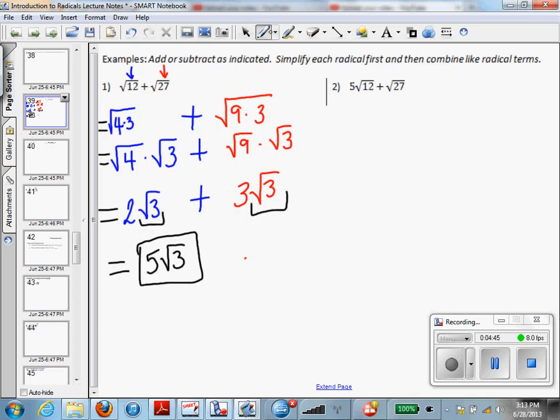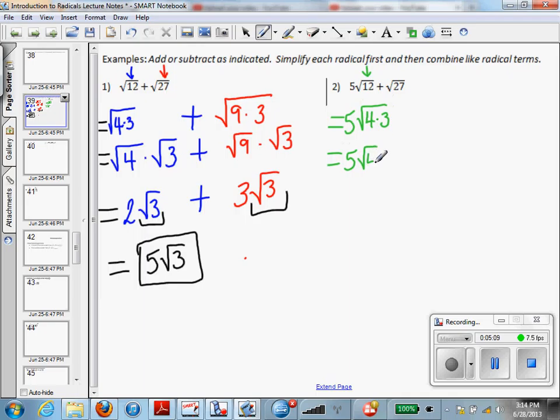Looking at number 2, we have 5 times the square root of 12 plus the square root of 27. So we should have a lot of similar answers since these appear very similarly. So we have 5 times the square root of 12 broken down into 4 times 3.